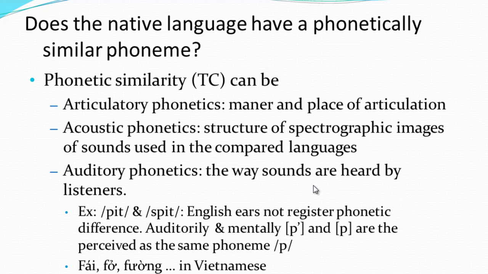Now in acoustic phonetics, we compare and contrast images of the sound from software applications. I think you have used sound editing applications sometimes.